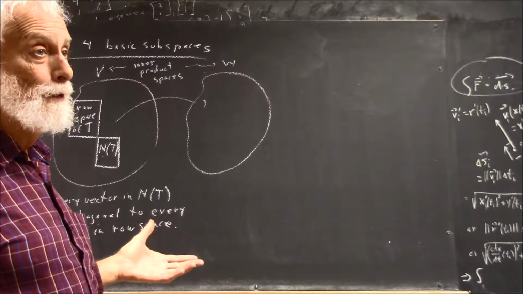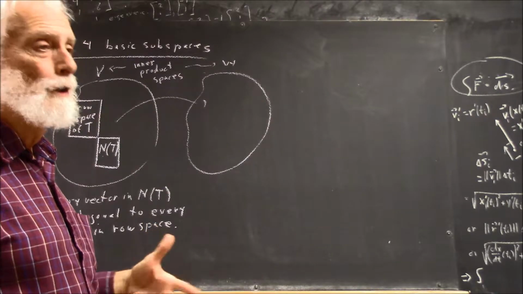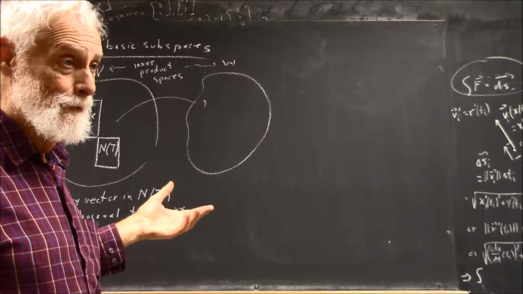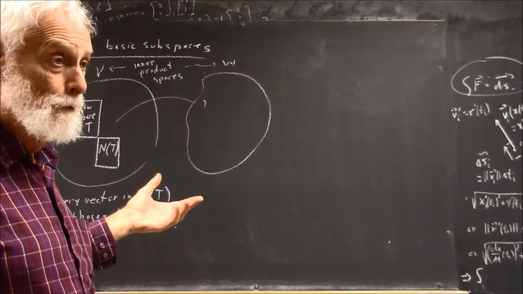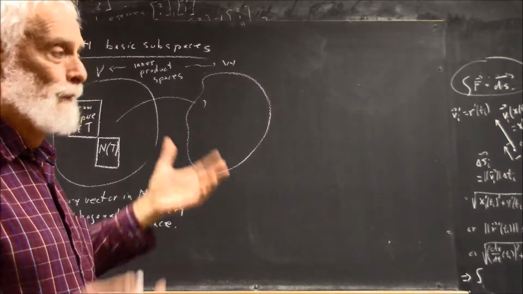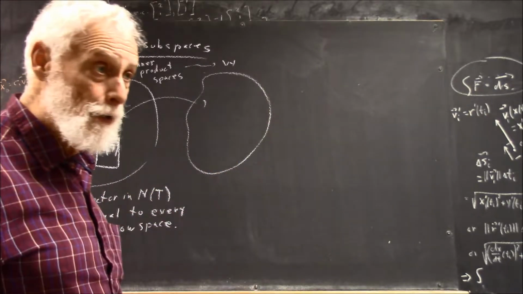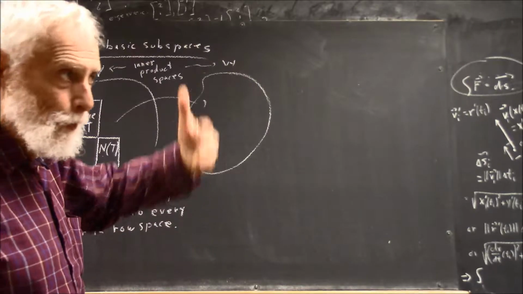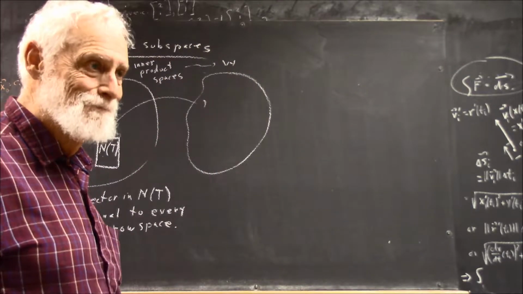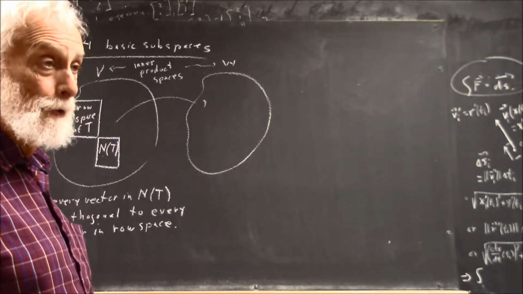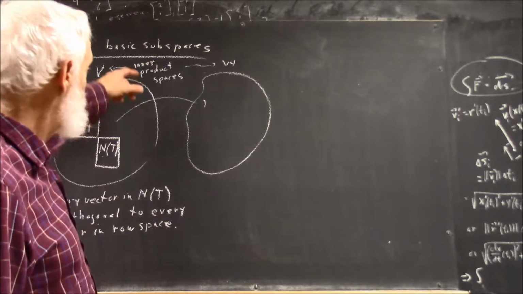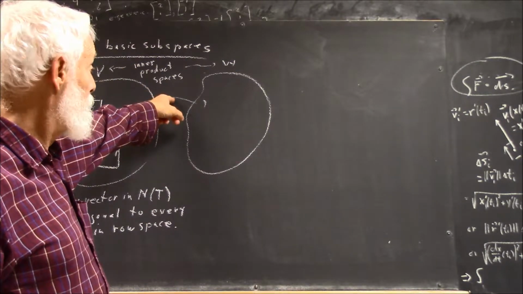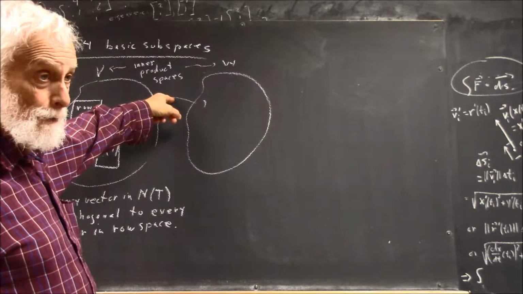What can you tell me about the dot product of two vectors that are perpendicular? It's 0. The dot product is this times that times the cosine of the angle between them, right? And the cosine is 0 if the angle is 90 degrees, if the things are perpendicular. And inner products just extend the idea of the dot product.